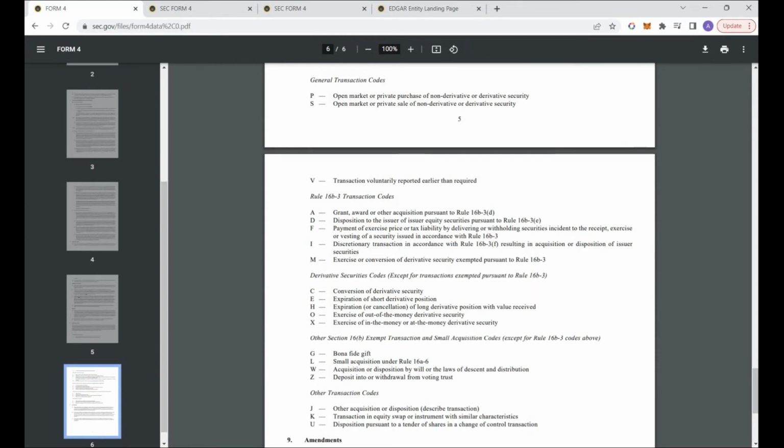The next transaction code that you'll see a lot is the A transaction code. So basically, when you see a transaction code with A, it means that the insider was awarded shares as a part of their stock compensation. So let's say they received 1,000 stock options as part of their stock compensation plan, then you will see this A transaction code.